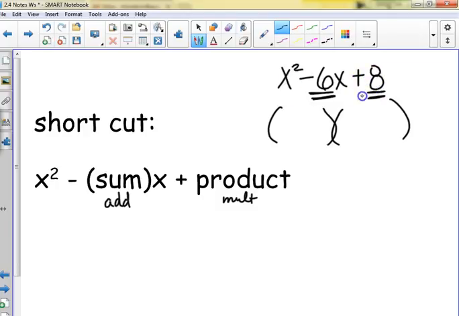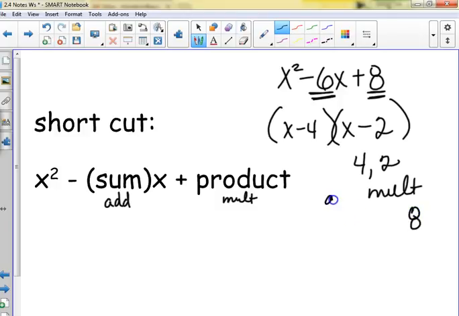Look back up here to my example. Factor this. It factors x minus 2, x minus 4, right? I said that backwards, but it factors. What are the zeros? 4 and 2. If I multiply those zeros, what do I get? 8. If I add those zeros, I get 6. Does that go back here?